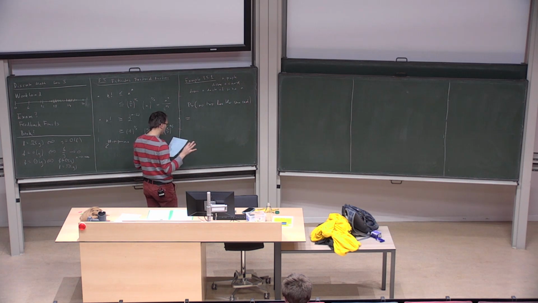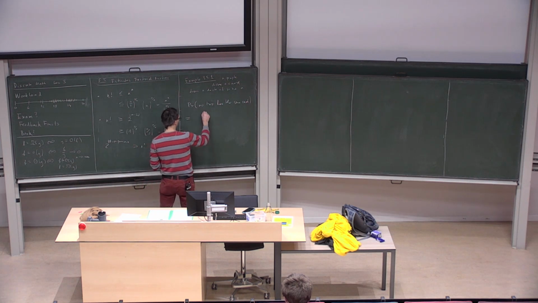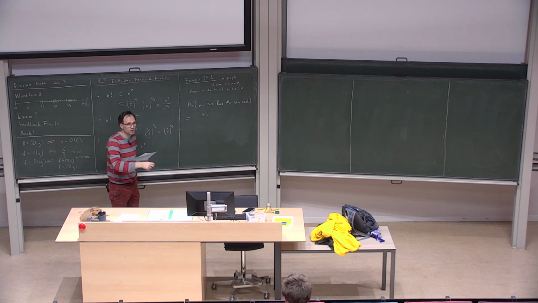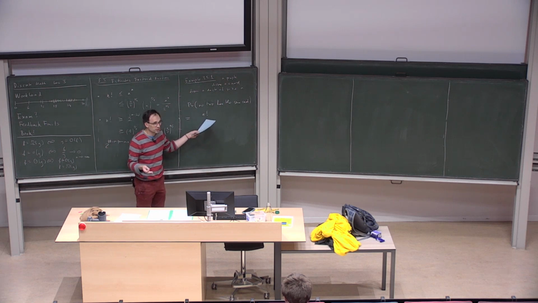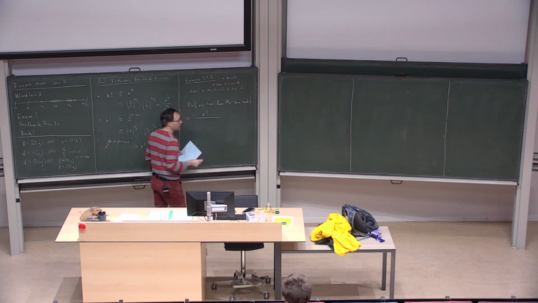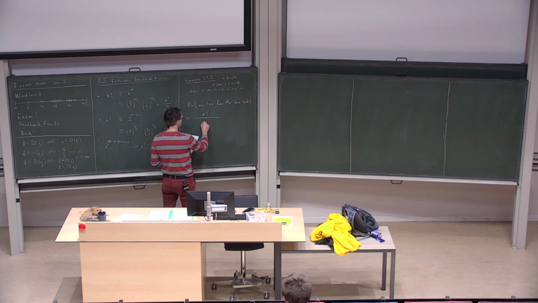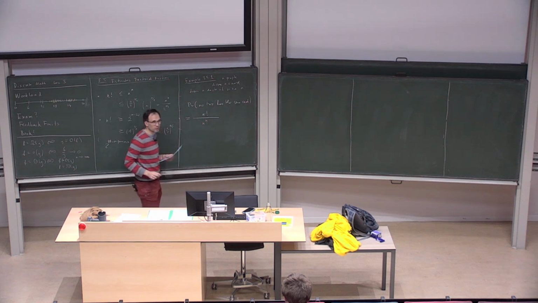So if no 2 have the same card, then we have a permutation, because everyone draws a different card, so we have a permutation of n. And there are n factorial many ways to do that. But how many ways are there to draw a card with repetition? Everyone has n possibilities: n to the n.